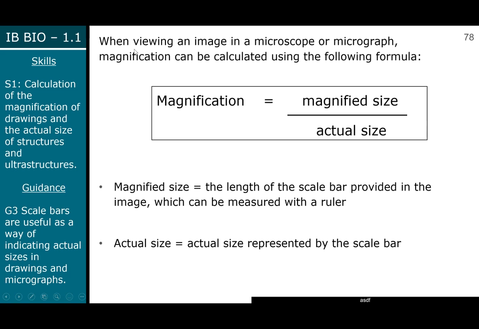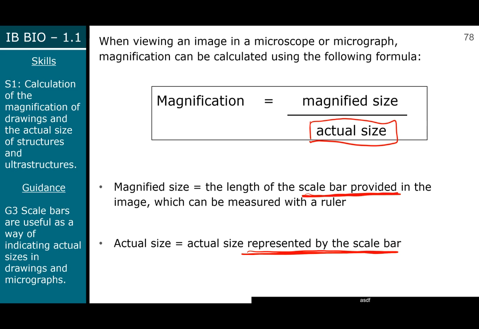So, when viewing an image in a microscope or a micrograph, magnification can be calculated using the following formula: the magnified size divided by the actual size. This is the actual size of the thing that you are looking at in real life, not in the picture. That's why it's actual size. So, the magnified size is the length of the scale bar provided, which can be measured with a ruler, and the actual size is what's represented by the scale bar.